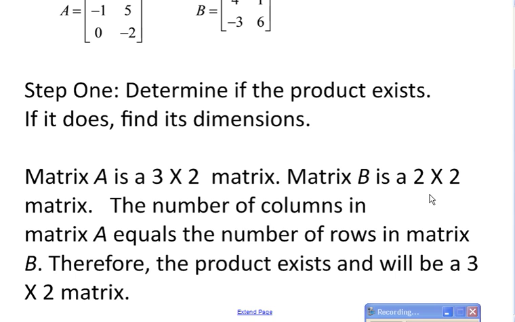So we have a 3 by 2 and a 2 by 2. The middle terms are equal, so our product will be a 3 by 2. So it does exist. That's step one: verify that we can multiply those together.